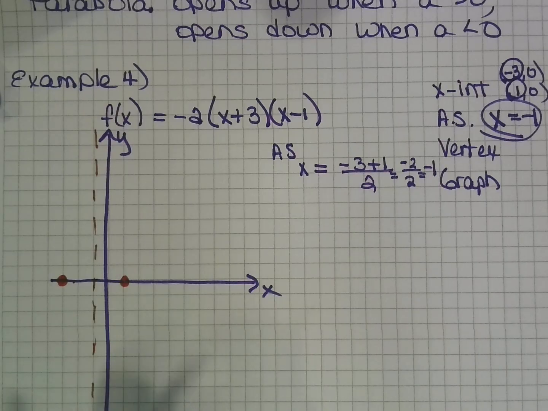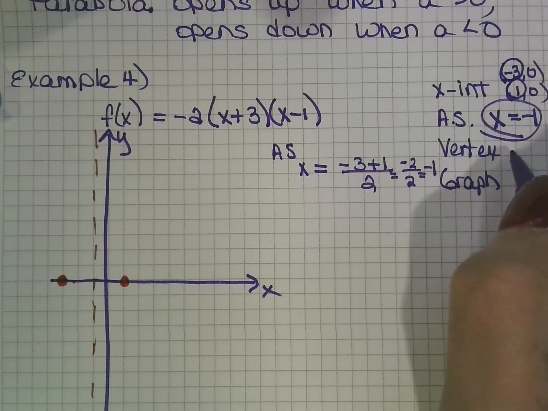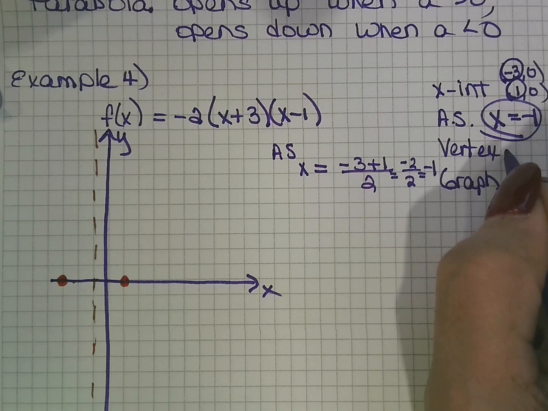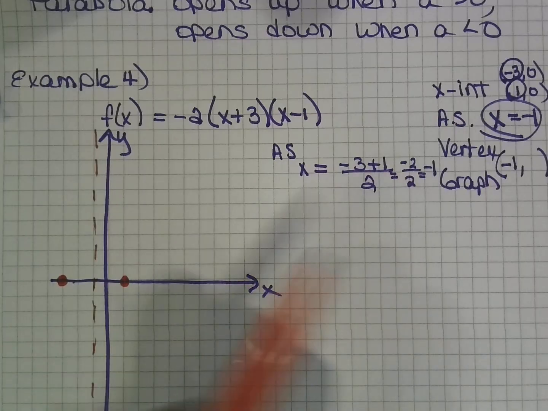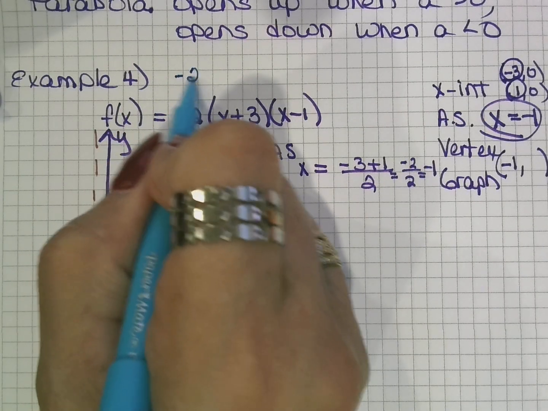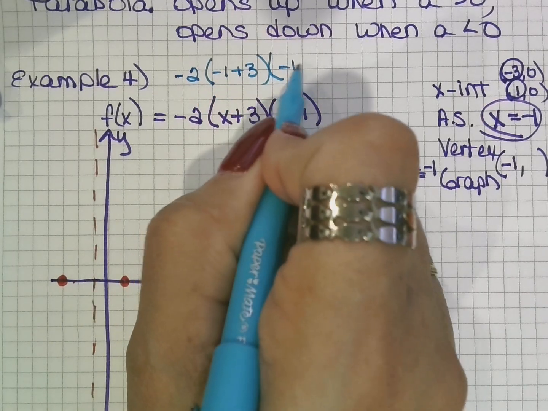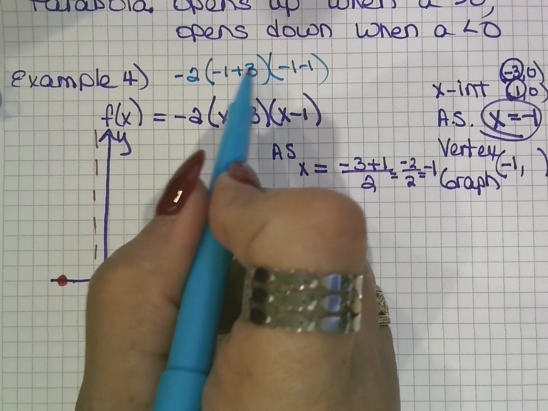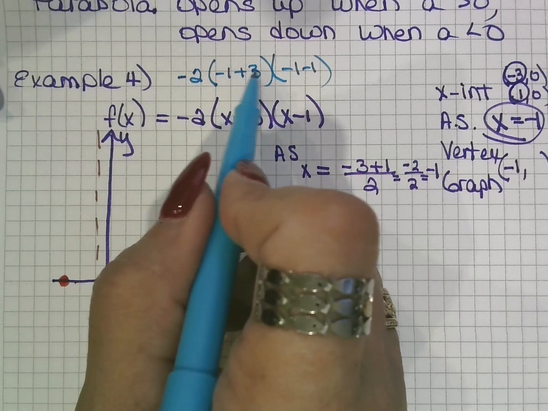All right, now we need to find our vertex. If the axis of symmetry is at negative 1, the vertex will be at negative 1, something. We're going to need to plug in that negative 1 here. So negative 2 times negative 1 plus 3, negative 1 minus 1. Always do order of operations, guys. Take care of your parentheses first.